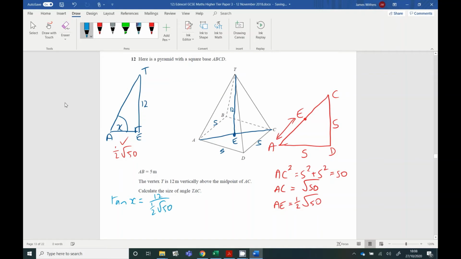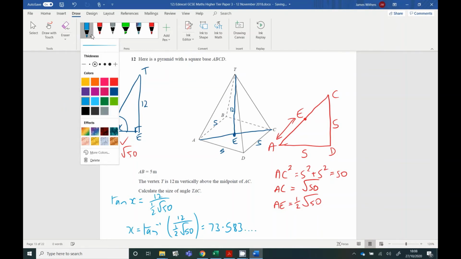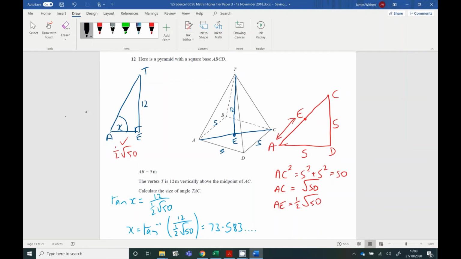So inversing tan both sides, X equals inverse tan of 12 over half root 50. Popping that into my calculator, I get 73.583... So giving that answer to, oh no, it doesn't tell me the degree of accuracy. I'm going to choose to give that answer to one decimal place, so 73.6 degrees is my final answer.